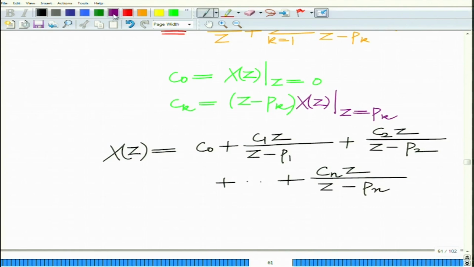Now the inverse transform can be found, because we know the inverse transform of each factor of the form z over (z minus pi).